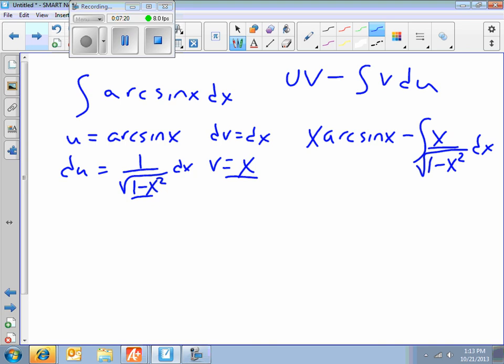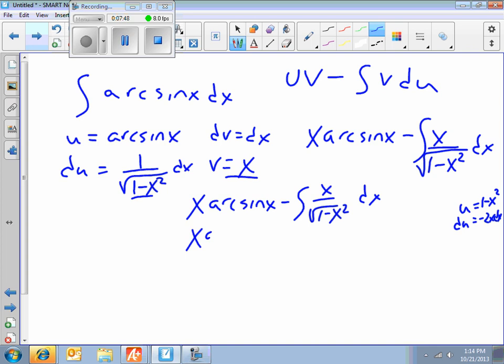What happens if I let u equal 1 minus x squared? Now du is going to be negative 2x dx. Let me rewrite this so we have enough room to work: x arc sine of x minus the integral of x over square root of 1 minus x squared dx.